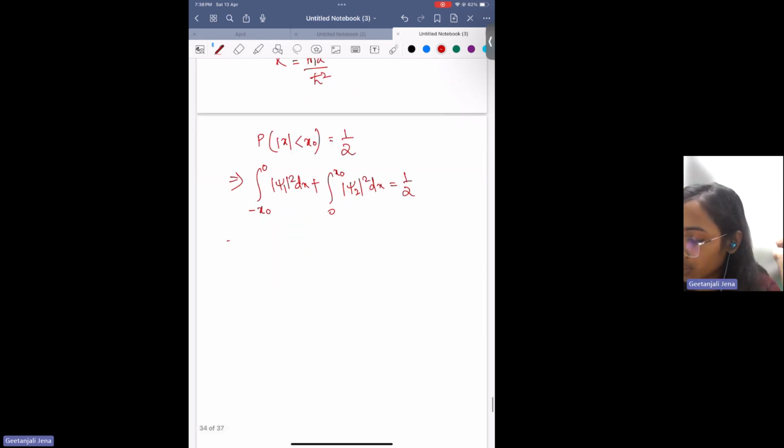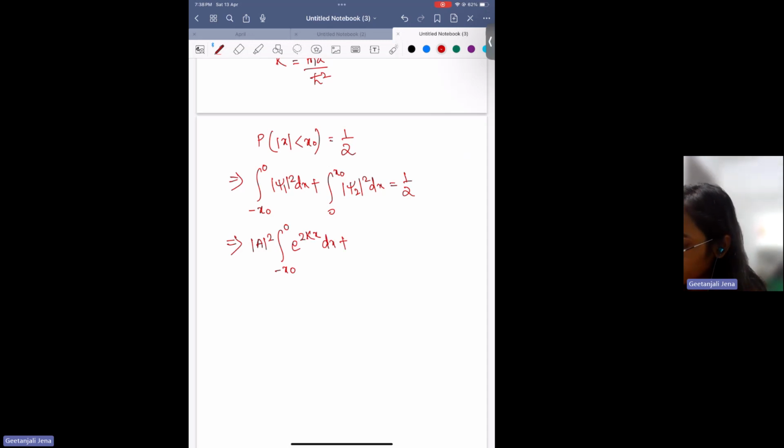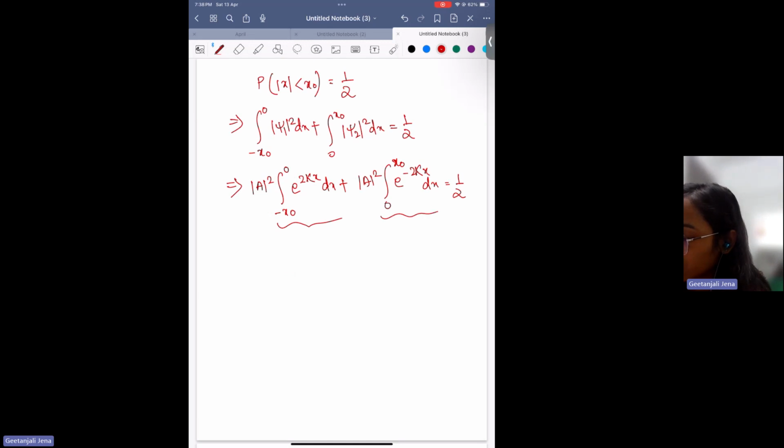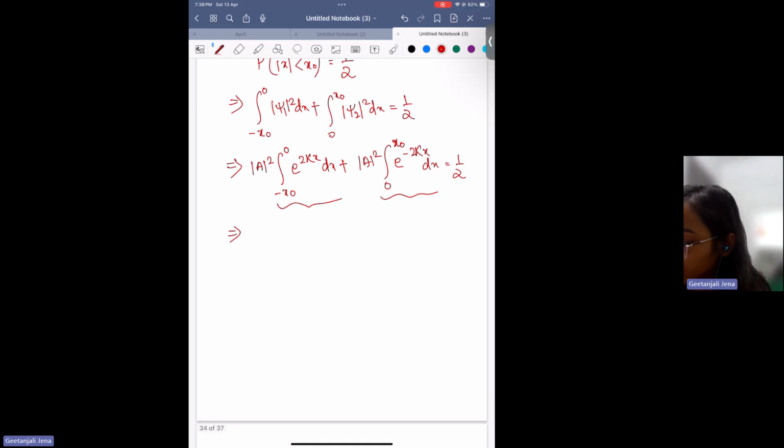Now if you put the value of psi 1 and psi 2, you will get A squared times the integral from minus x0 to 0 of e to the power 2kx dx plus A squared times the integral from 0 to x0 of e to the power minus 2kx dx equal to half. Now if you solve this integration, it is simple, not difficult to calculate. You will get A squared by k times 1 minus e to the power minus 2k x0 is half.